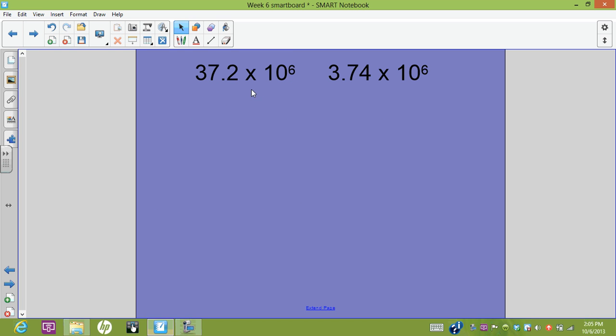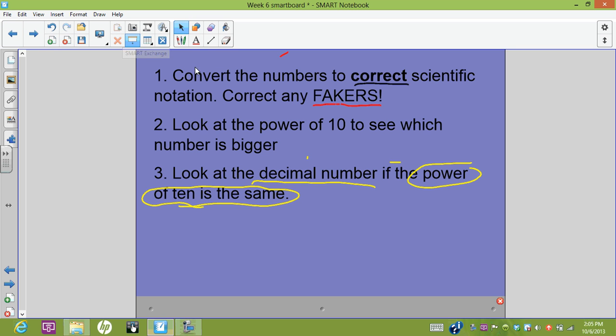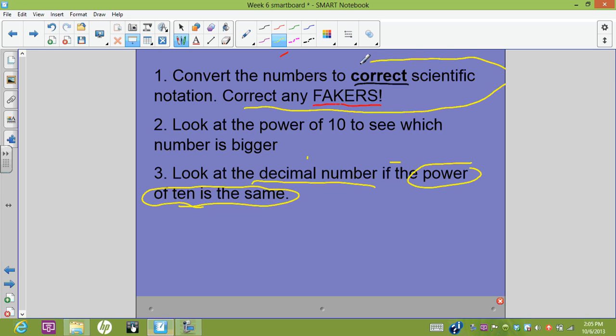So our first example is 37.2 times 10 to the 6th compared to 3.74 times 10 to the 6th. If you remember, our first step is to convert the numbers to correct scientific notation. So we have to correct any fakers that exist. Let's find out if we have a faker.